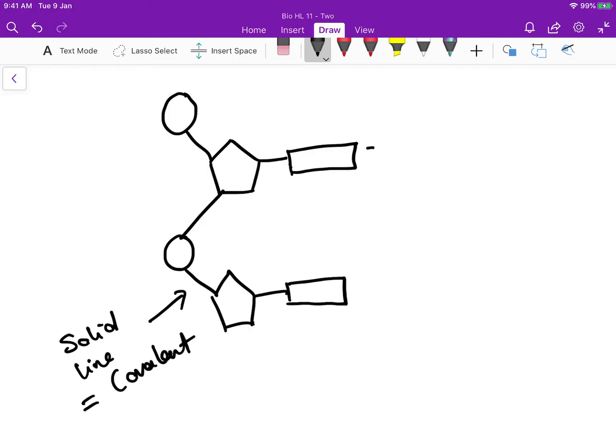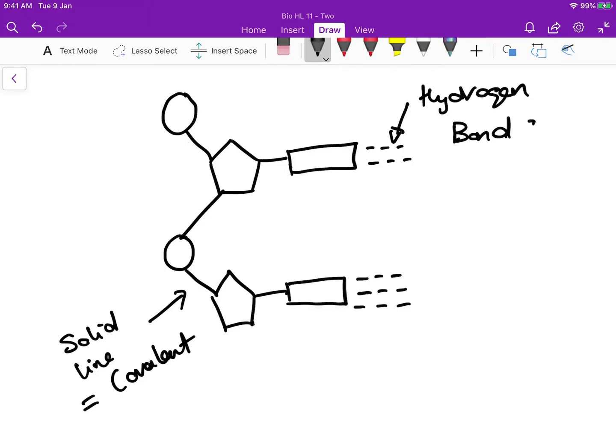We're going to start drawing some dashed or dotted lines, which are going to link together two sides, but these are not covalent bonds. They're going to be hydrogen bonds, which are much weaker. So these are strong covalent bonds, and the covalent bonds are running down the backbone.